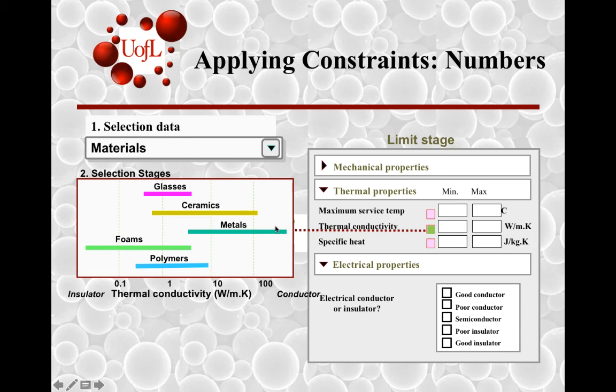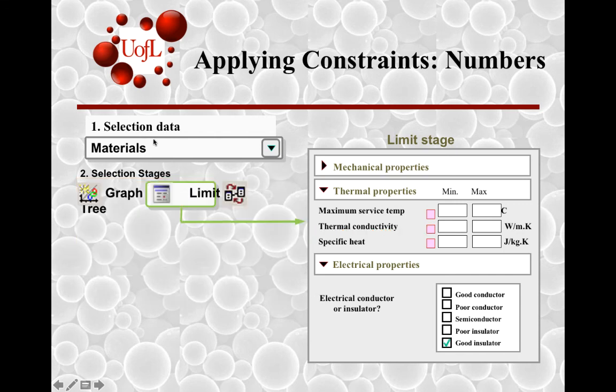Which are the most suitable for high thermal conductivity? It turns out it's a combination of ceramics and metals that will fall within that category. So if you want to maximize thermal conductivity, these will go away.